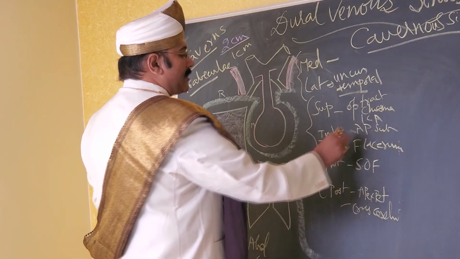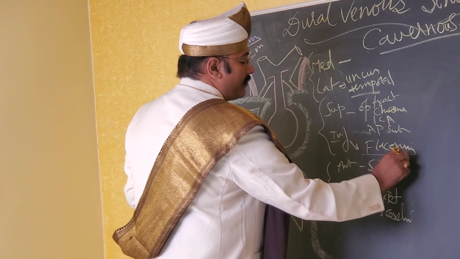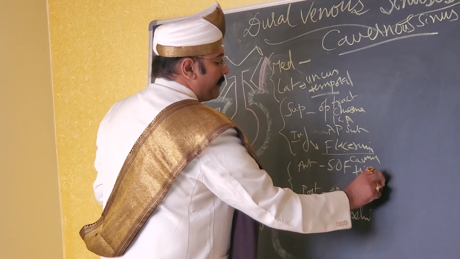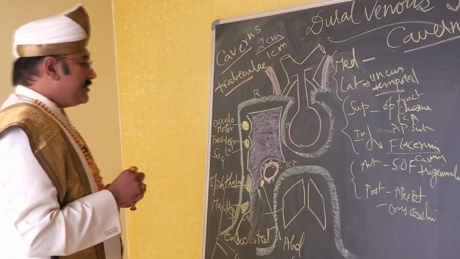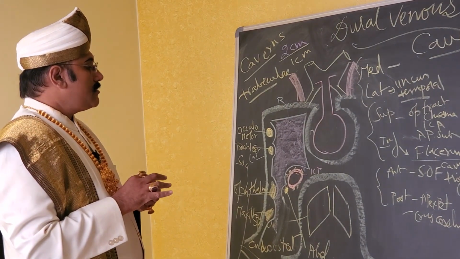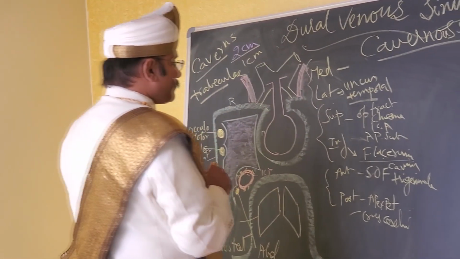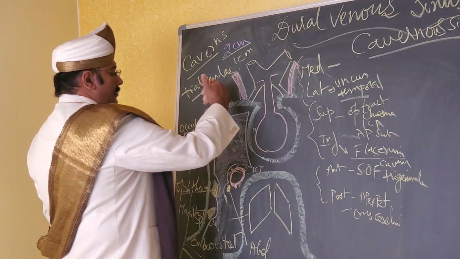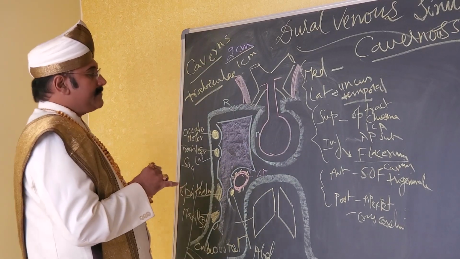And laterally you have got the foramen lacerum, and also the cavum trigeminale. Okay, so these are the relations of the cavernous sinus. So we have finished medial, lateral, anterior, posterior, superior, and inferior.